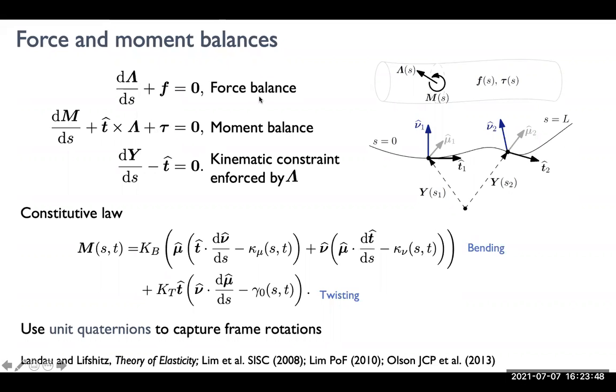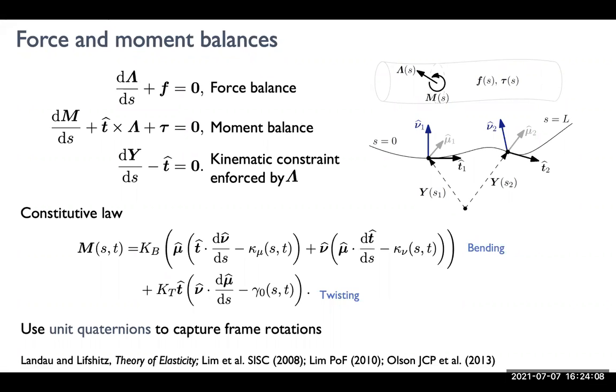Okay, so along with the force and moment balance per unit length, we also are going to have a kinematic constraint, that basically the position of the cross section is related to a special vector called t hat.